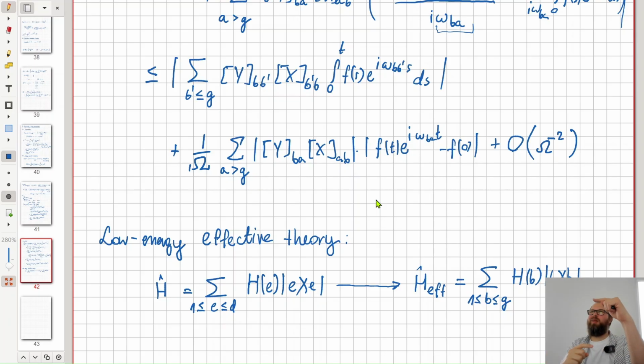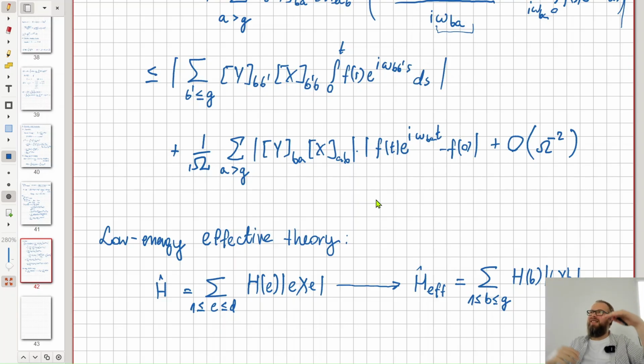The frequency is big when the energy difference is big. But within the high energy subspace, the differences between levels might be small, and so the frequencies are small.